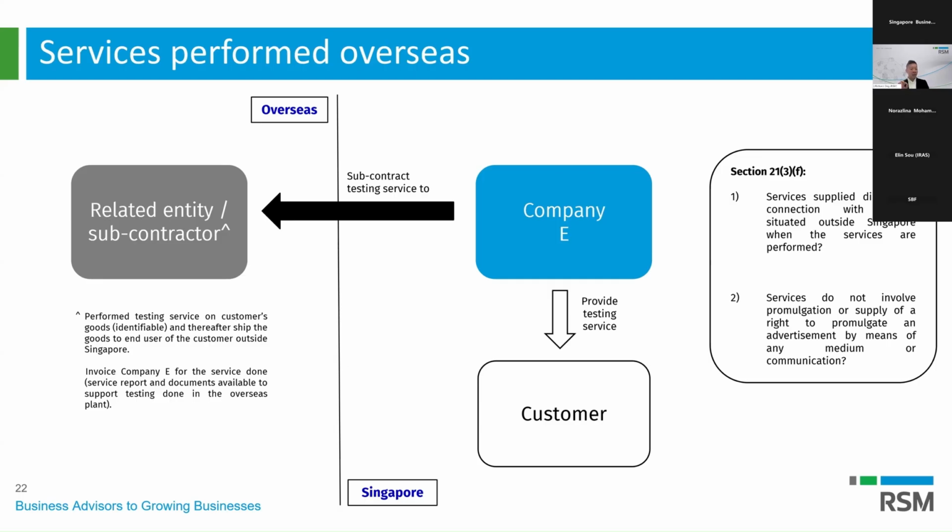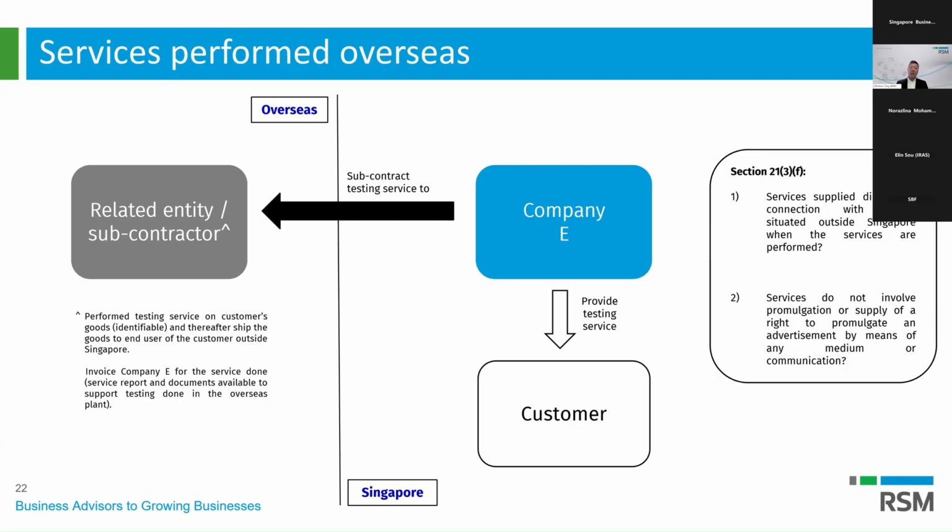In this situation, the testing services are indeed performed outside Singapore, and are in connection with the goods outside Singapore. The company obviously needs to maintain the relevant service reports, etc., to substantiate that. So we pass that first point. Then the second point talks about the services not involving promulgation or supply or right of promulgation of advertisement.